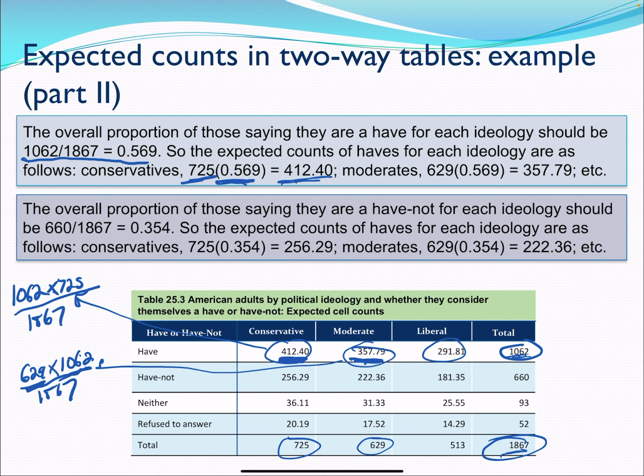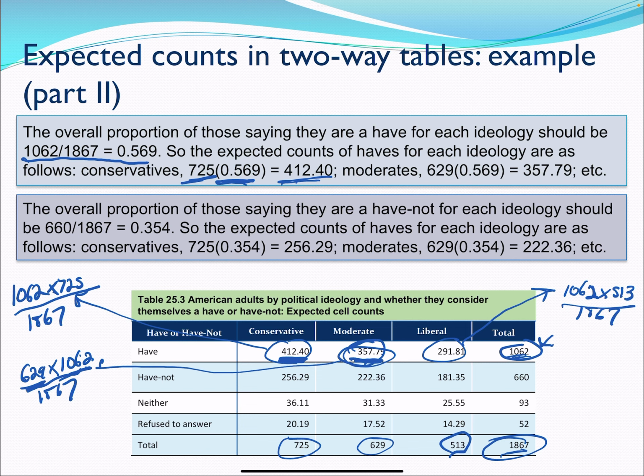And then for liberal, I took my row total times my column total over 1867. And that's how I got those values. Those are our expected values.